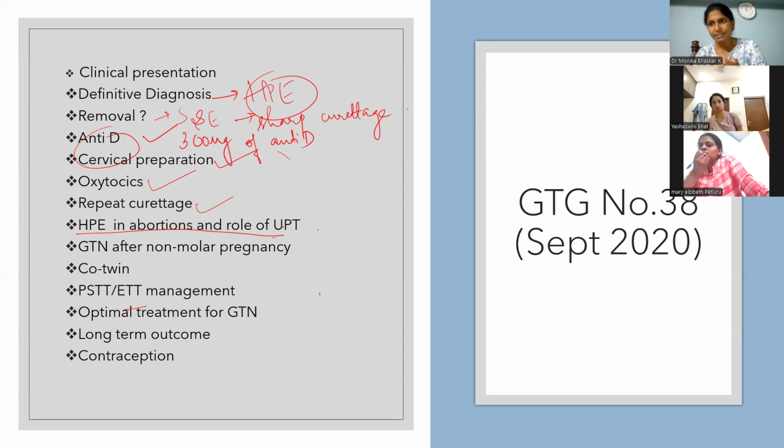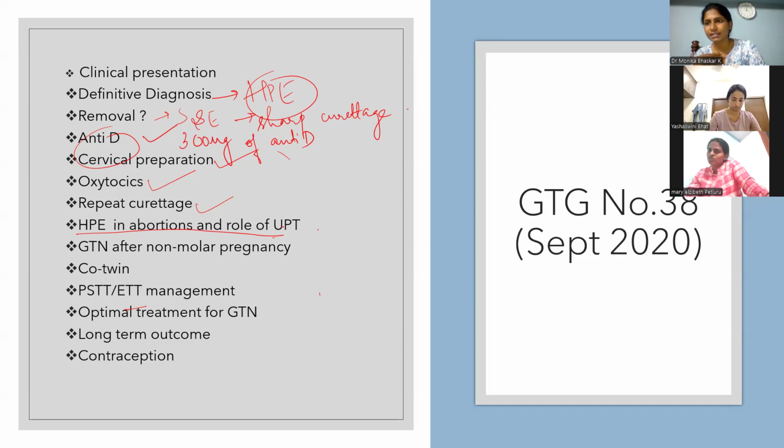If possible, send the products of conception for histopathological examination to be on the safer side. If histopathological examination is in favor of either complete mole or partial mole, do a routine beta HCG follow-up.